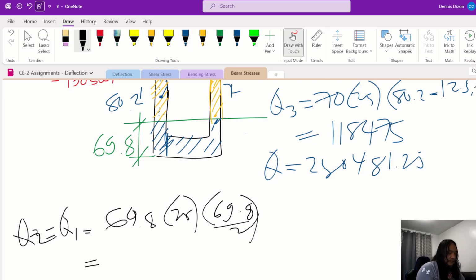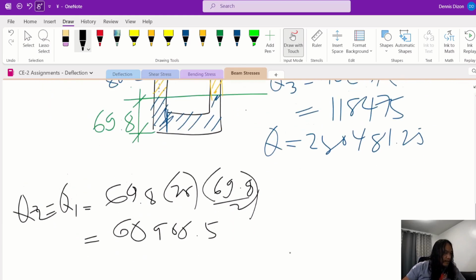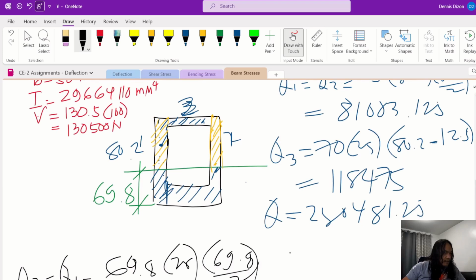So this is 69.8 times 25 times 28 times 0.5. So this is 6900.5. And then there must be something wrong, but this is too big.